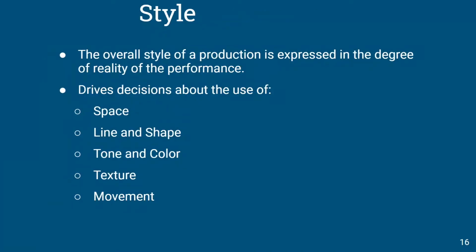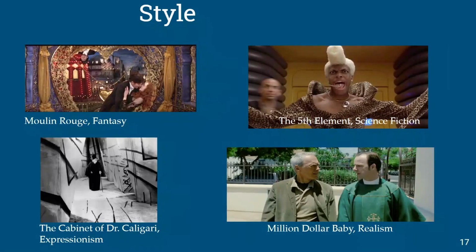So we also have style. Some of these terms are a bit ambiguous, but the overall style of a film can be expressed in its degree of reality. And with this, we're talking about things like space, line and shape, tone, color, texture, movement. Maybe this is better explained by thinking in terms of genre or the degree of that genre.